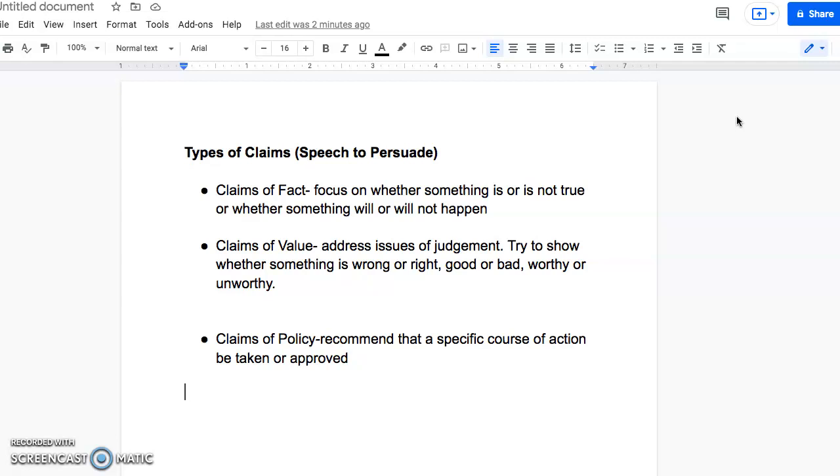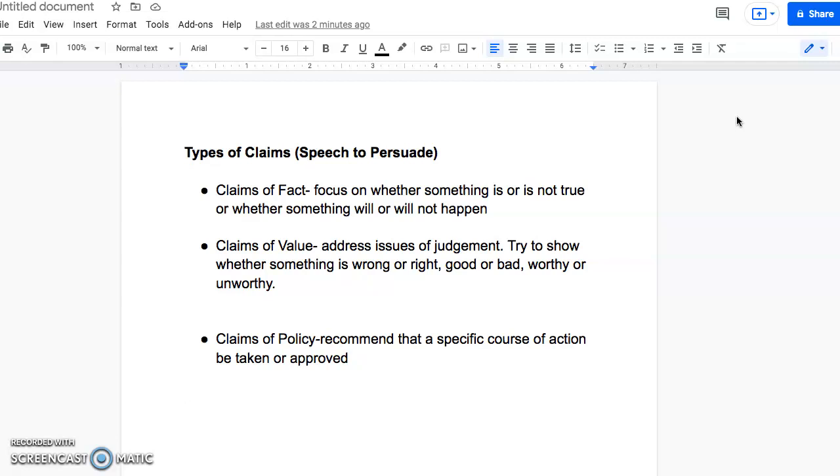And then lastly, the claim of policy, which recommends that a specific course of action be taken or approved. An example of a claim of policy is, we should pass a law restricting the use of handguns. Or, abortion should be made illegal.